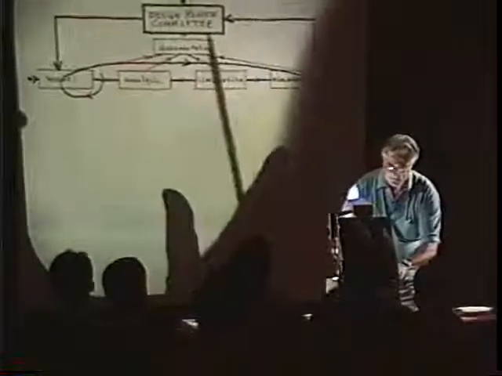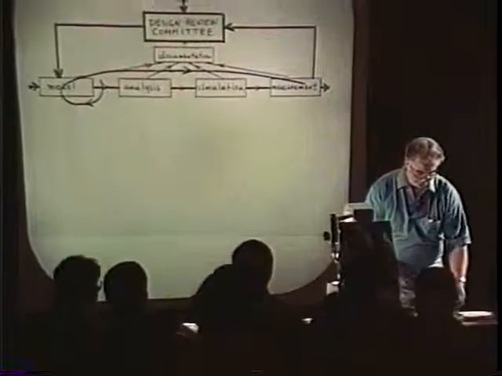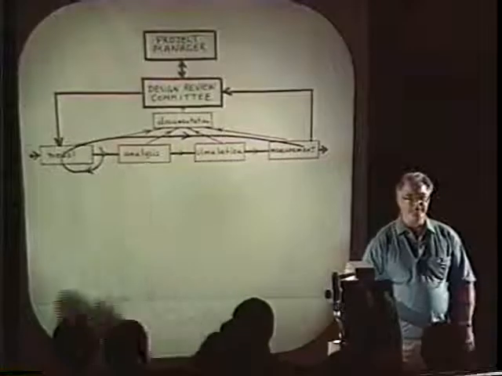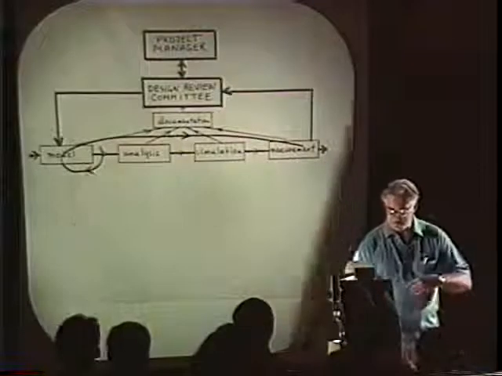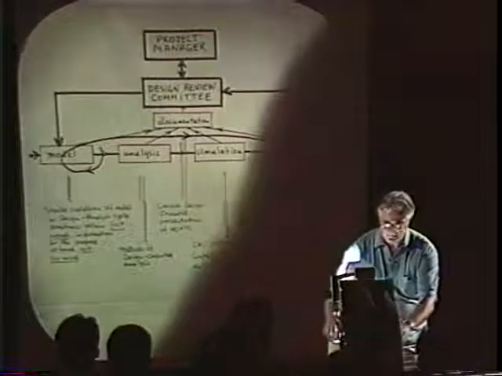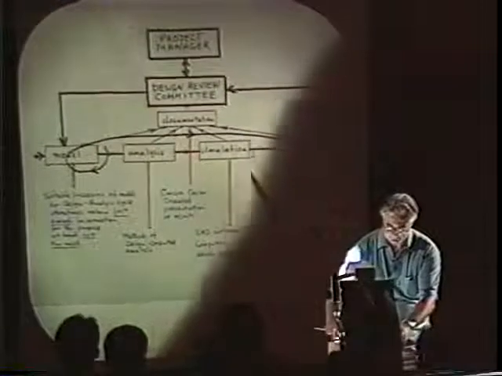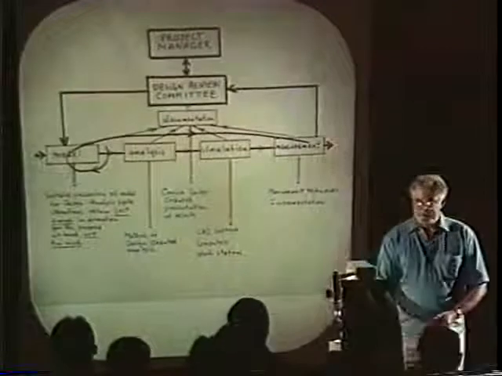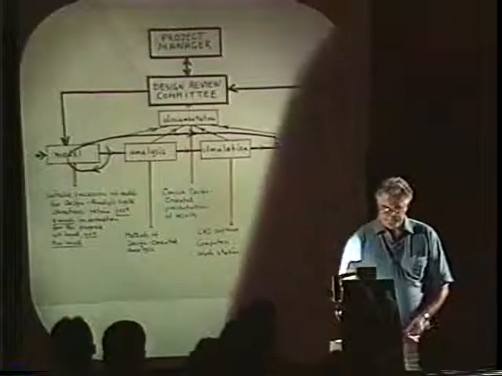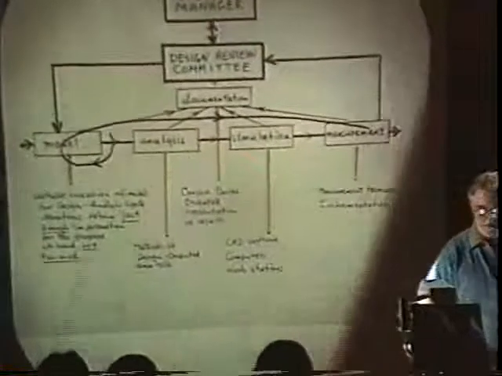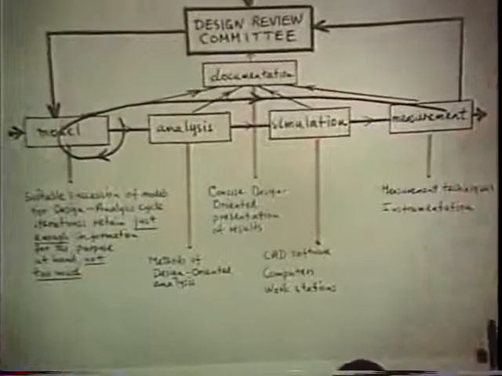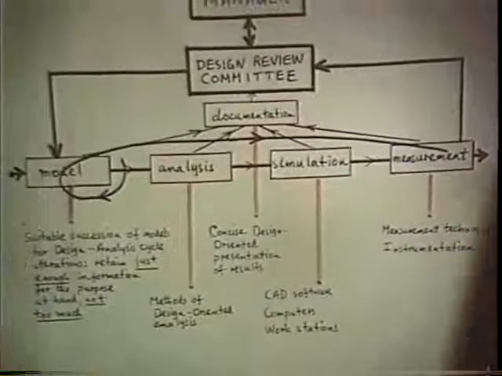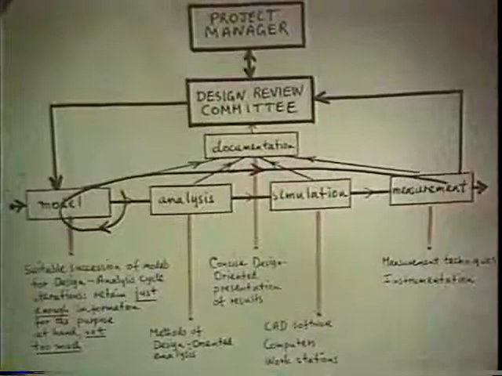Okay, going back to the total picture. Let's look inside now with further zooming in on what's inside these individual boxes. How do you set up the model? And again, all of this picture is repeated with each iteration loop as the model becomes more complex and, you hope, more accurate.